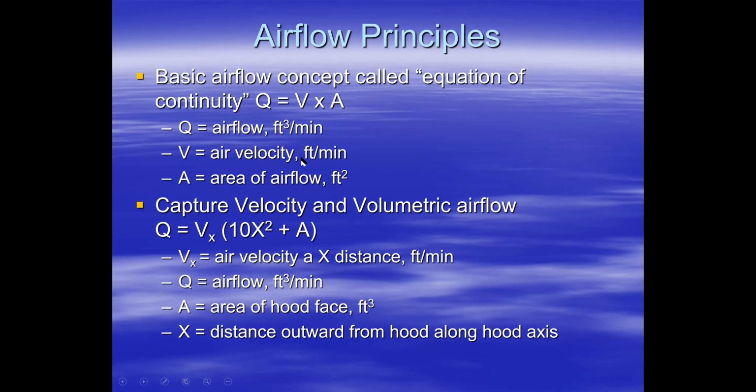In Europe they use meters per second and cubic meters per second. The velocity in feet per minute times the area in square feet gives you cubic feet per minute.